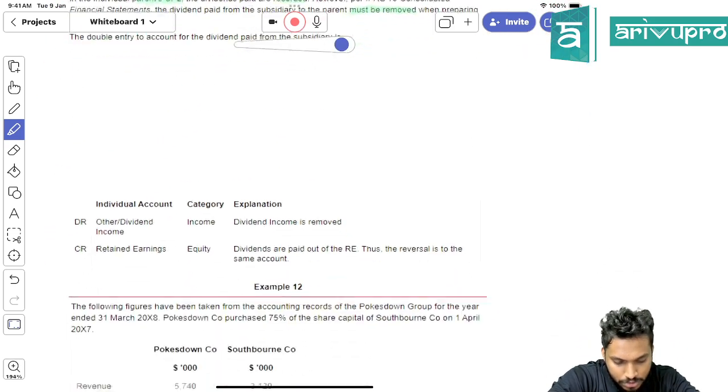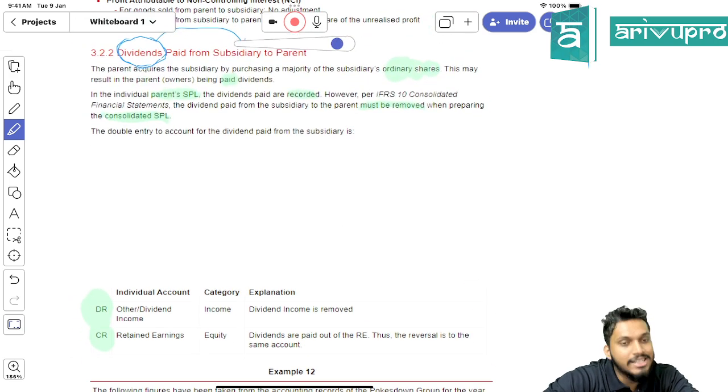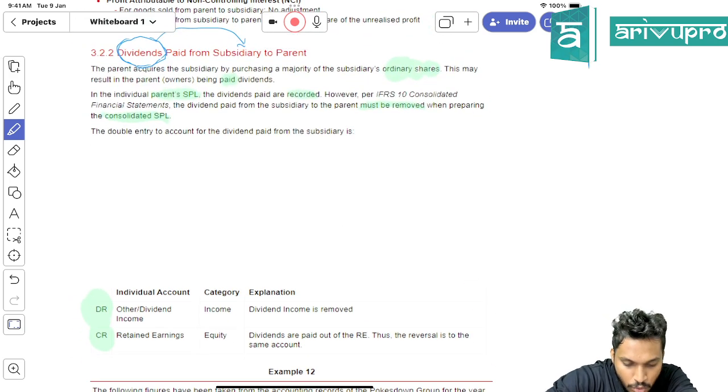So now, the double entry for dividend is what? Other dividend income account debit when you are removing it, and your retained earnings account credit. So you need to remove it from the retained earnings. So that's what they are saying. Okay. So when you are removing it, whatever the dividend paid by the subsidiary needs to be removed.